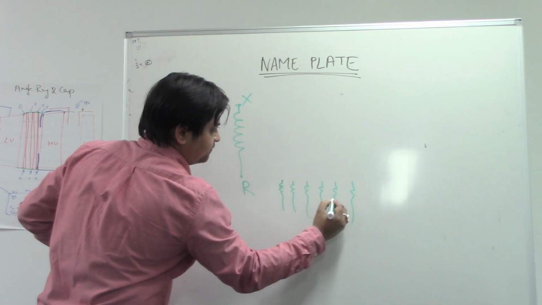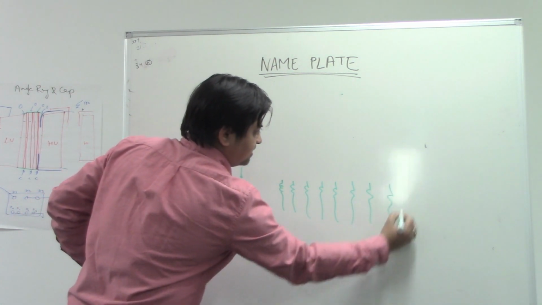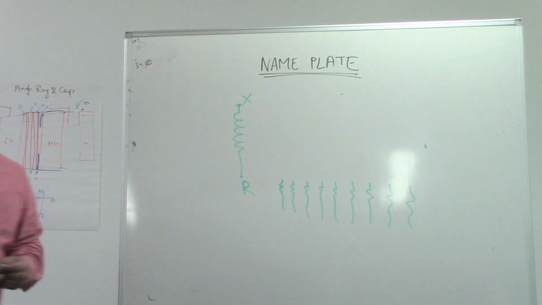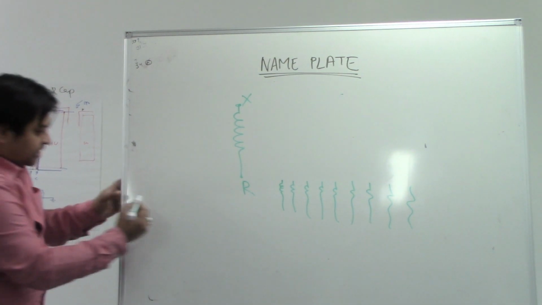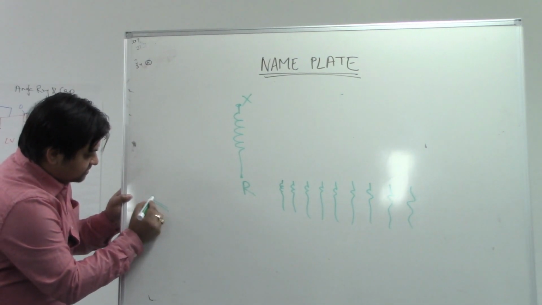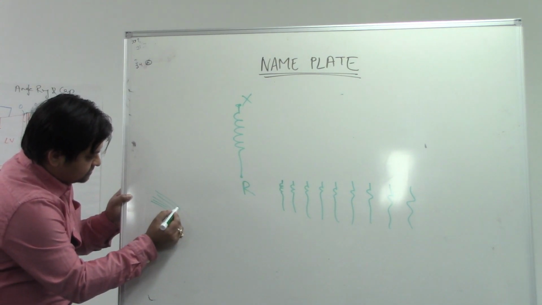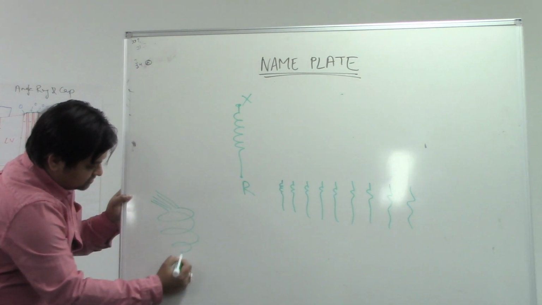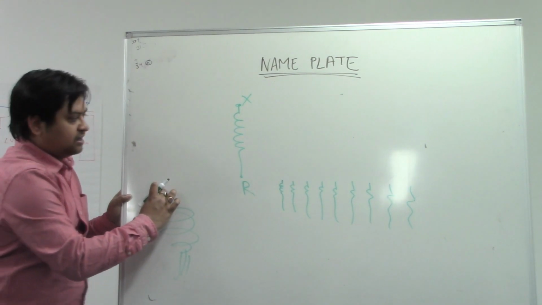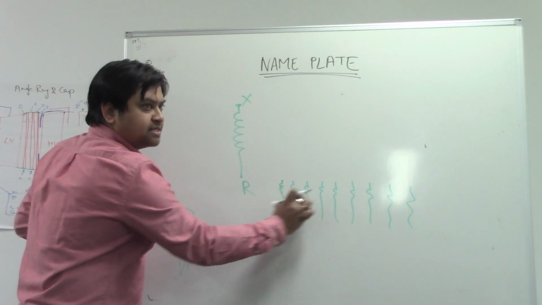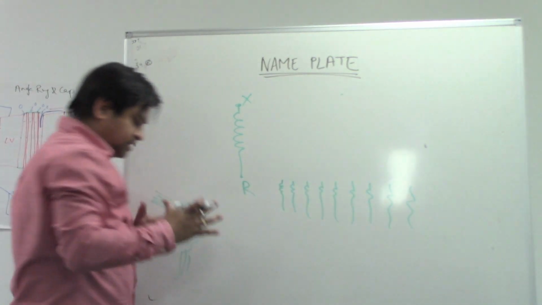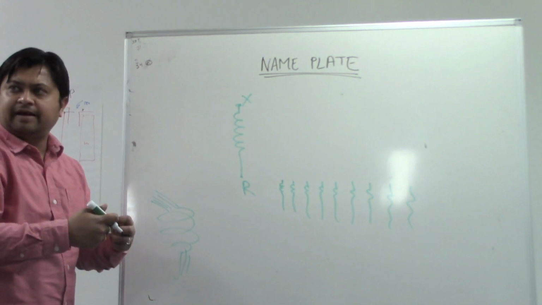1, 2, 3, 4, 5, 6, 7, 8, 9. Right? Like this. Inside this winding the turns are inside. It goes like this, makes a full turn, comes like this together. I'm just giving you this circuit here. This circuit is completely combined together and wrapped.